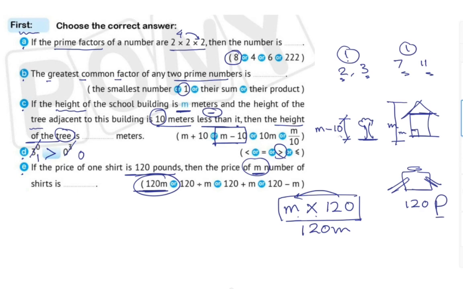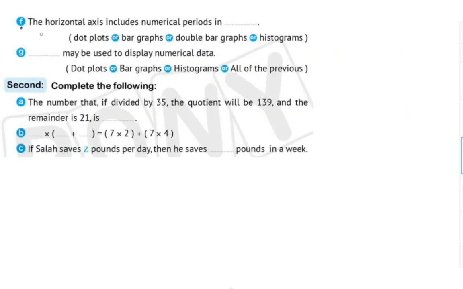Okay, let's go. Point F. The horizontal axis includes numerical periods in what? In dot plot, or bar graph, or double bar graph, or histogram. I know I have a vertical axis and a horizontal axis. This is the vertical axis and this is the horizontal axis.